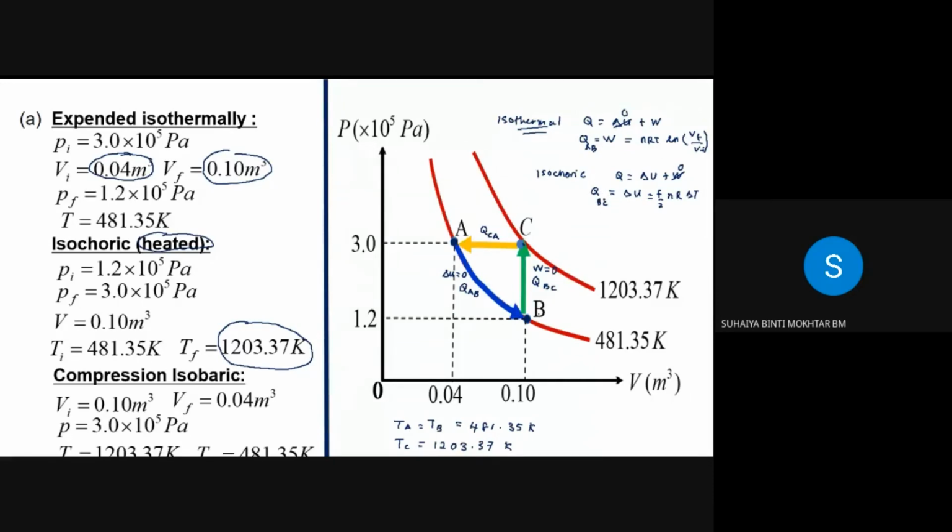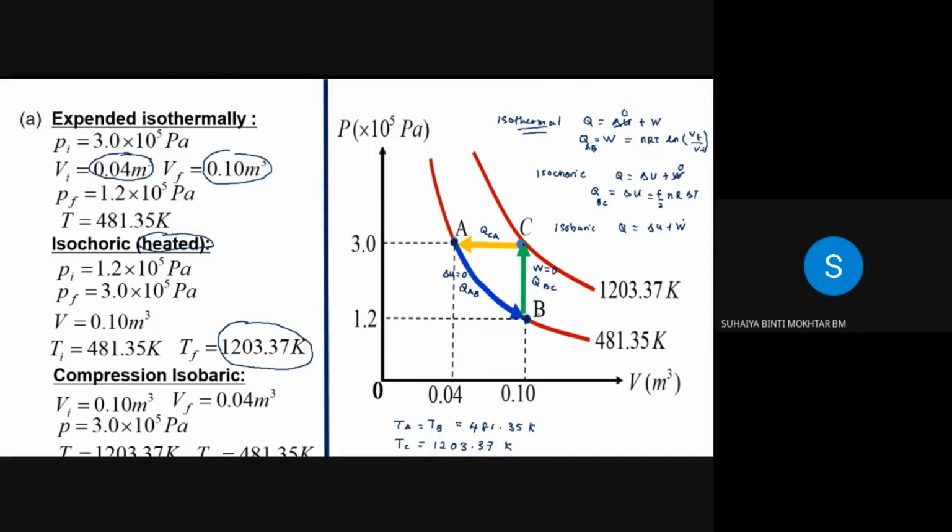Okay, and then QCA, isobaric. So use the same equation. Delta U plus work done. So kena calculate work done. Okay, and delta U, use the same equation. So kat sini, kita punya work done here compress, right?